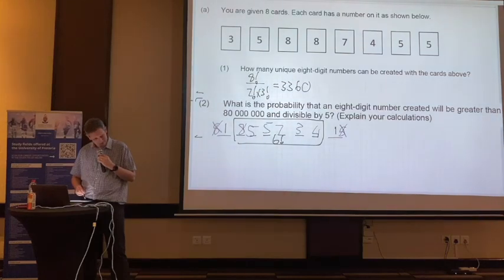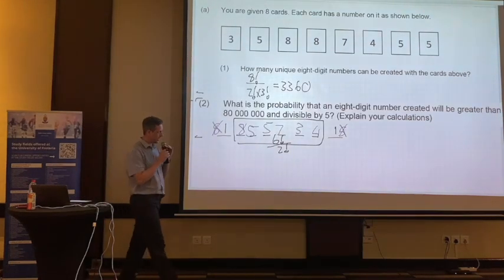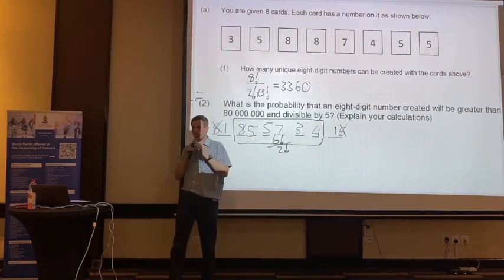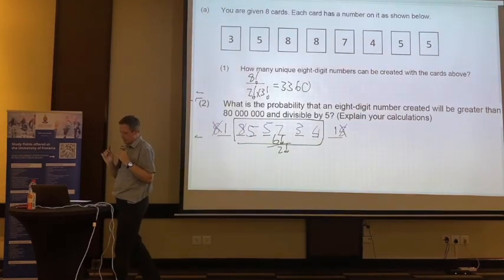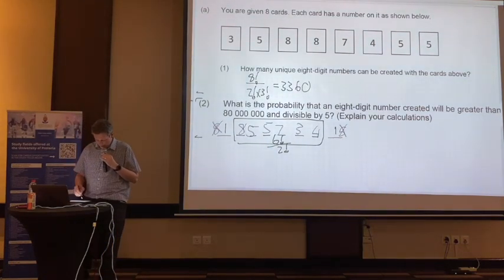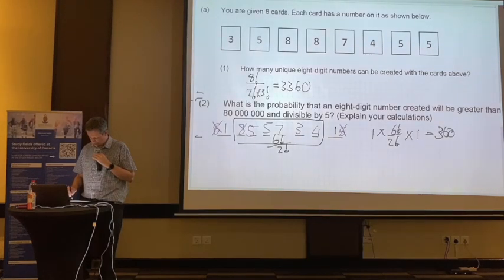6 factorial over 2 factorial. Don't forget about this repetition. So in how many different ways can I rearrange all of this? 1 times 6 factorial over 2 factorial times another 1. 6 factorial is 720, so this gives me 360.